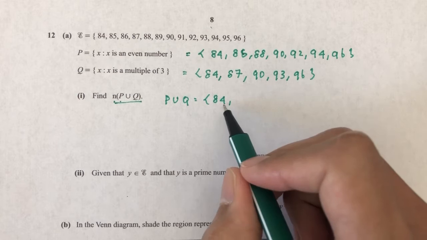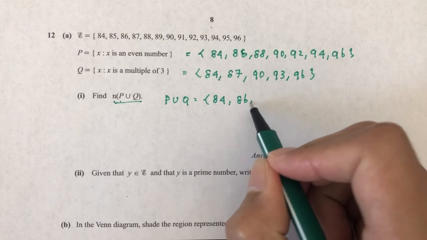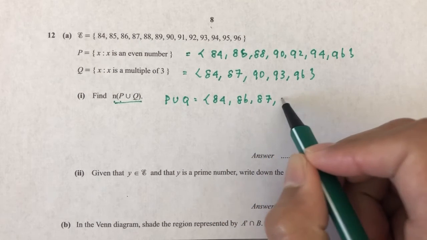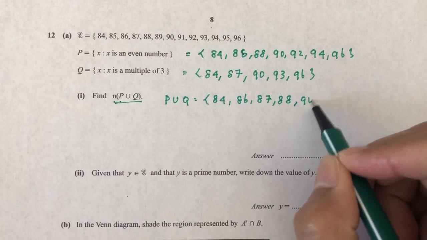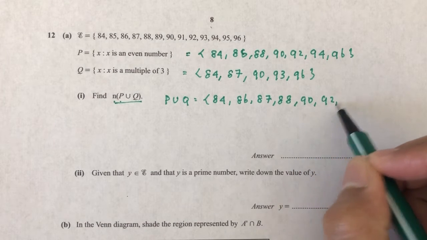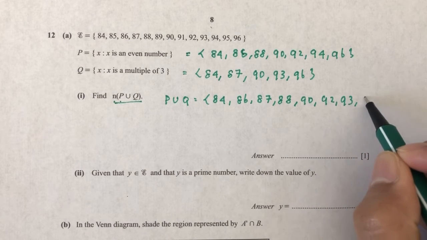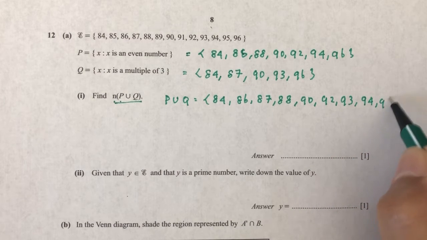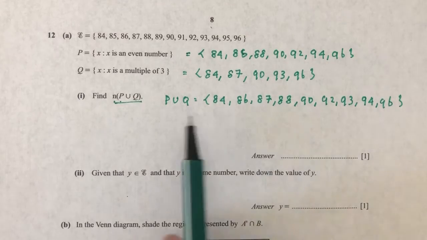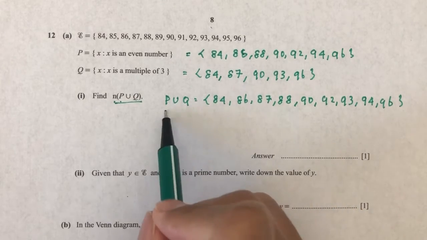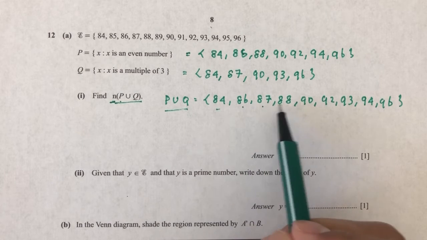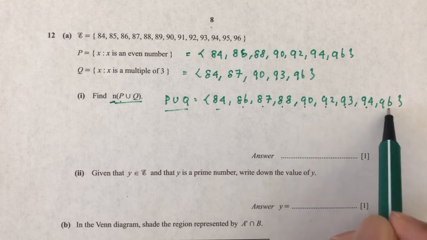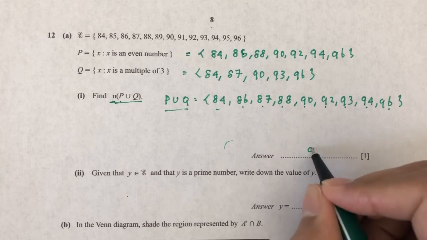So we got 84, 86, 87, 88, 90, 92, 93, 94, and 96. So those are the numbers in this set. So find the number. So let's count 1, 2, 3, 4, 5, 6, 7, 8, 9. So the answer will be 9.